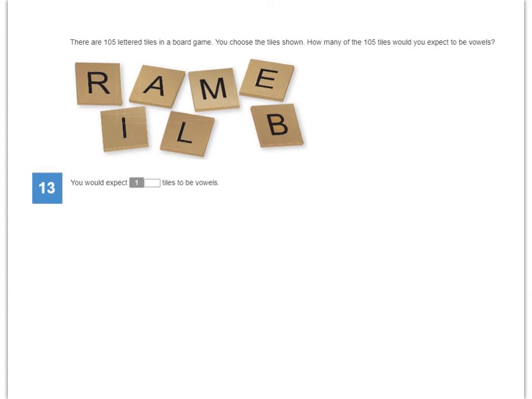All right, in this problem, it says there are 105 lettered tiles in a board game. You choose the tiles shown. How many of the 105 tiles would you expect to be vowels? Well, this is a sample of the tiles that you're pulling from the game. There are 7 tiles in the sample.